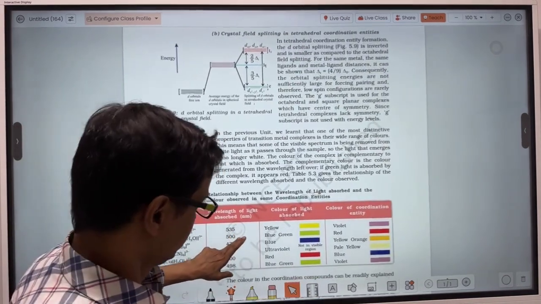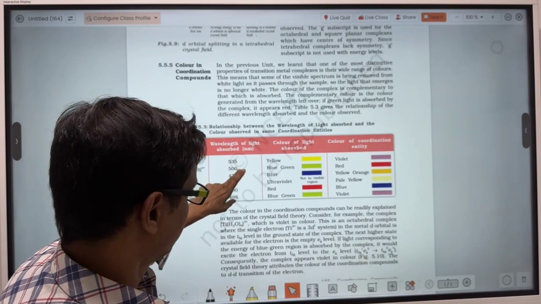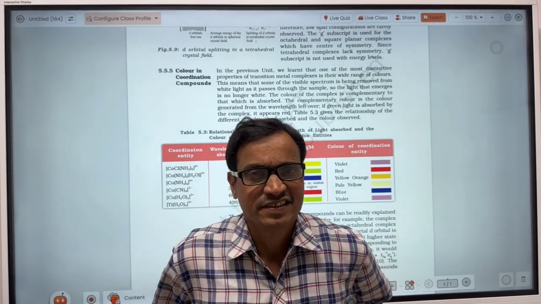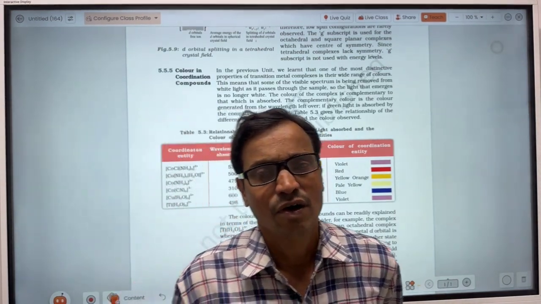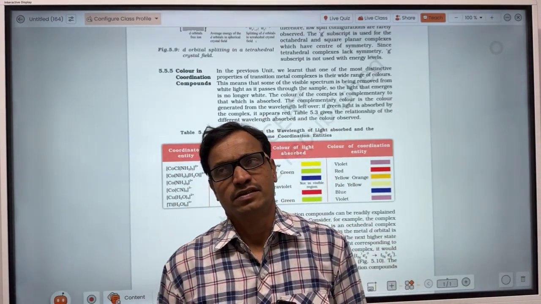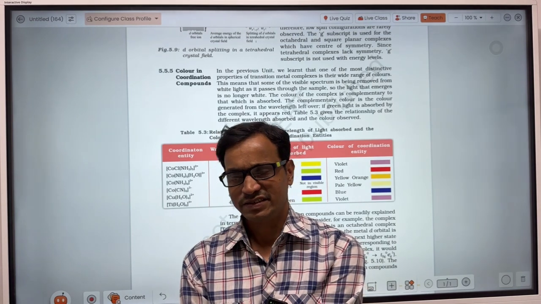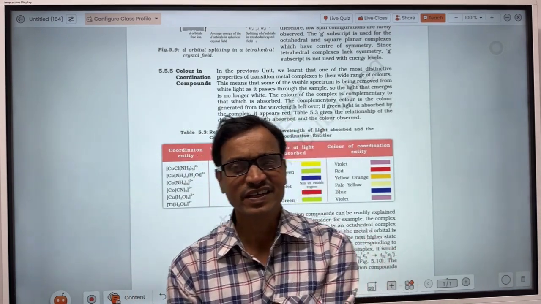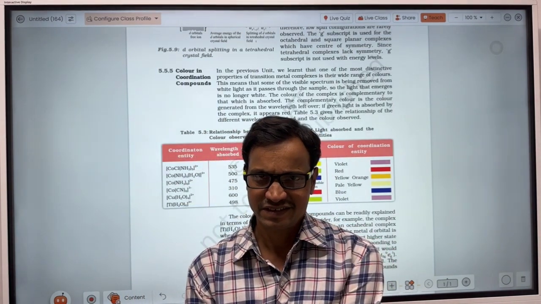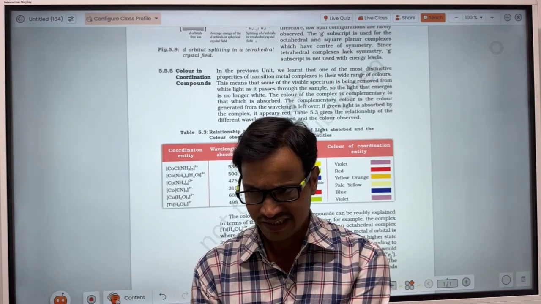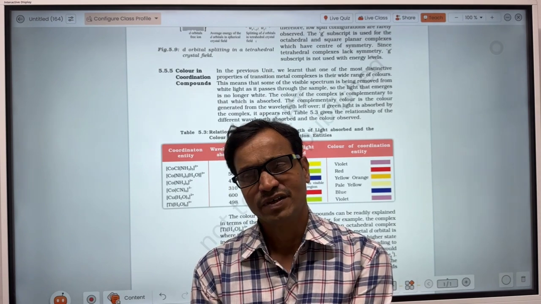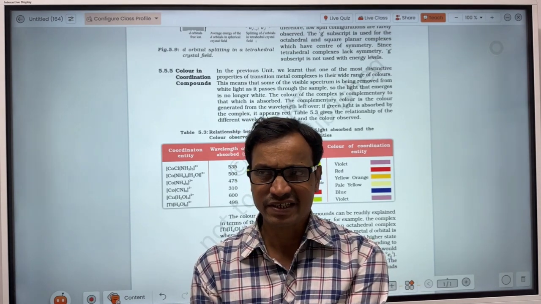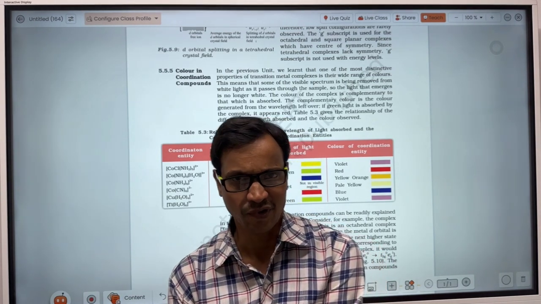So you will have to write: when white light falls on the coordination compound, then the electron present in the lower energy level, that is the T2g energy level in the case of an octahedral complex and the E energy level in the case of a tetrahedral complex, jumps into the higher energy level, that is the Eg energy level in the case of an octahedral complex and the T2 energy level in the case of a tetrahedral complex, and the remaining portion of energy will radiate in the form of electromagnetic waves, and hence the coordination compound will show the complementary color of the one absorbed.